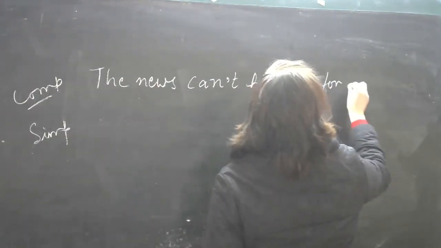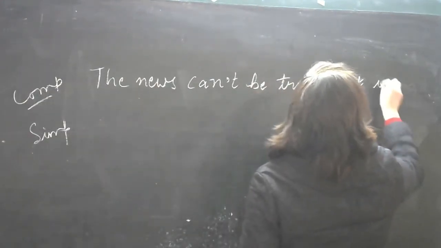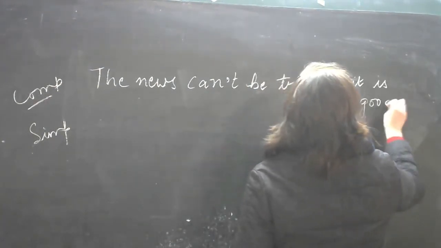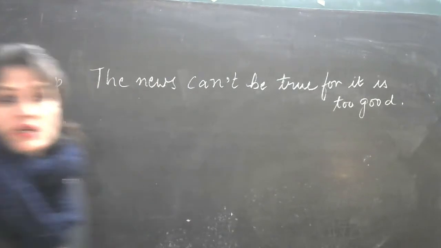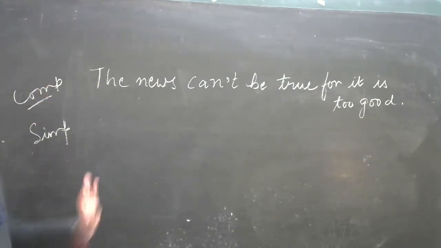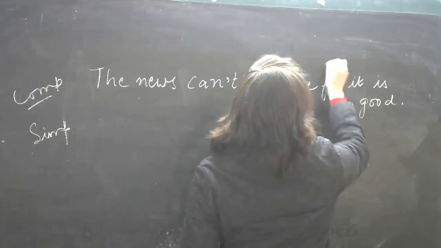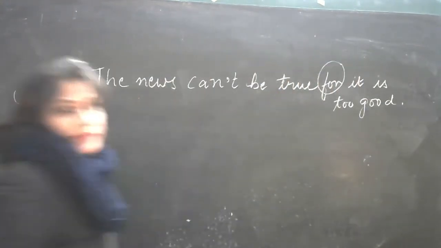The news can't be true, for it is too good. Right? I'm sure you can see the sentence. Now what they've done is the news can't be true, and then they have used a conjunction here.